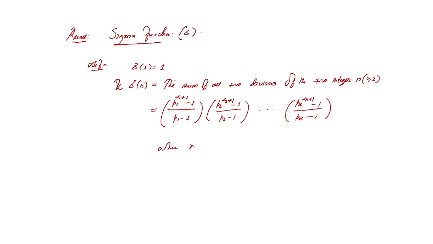Where n equals p1 to the power alpha 1, p2 to the power alpha 2, pk to the power alpha k, where all pi's are distinct primes, and alpha i is a positive integer for all i equals 1 to k.